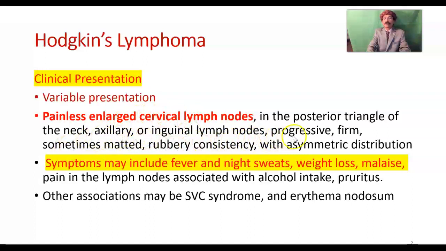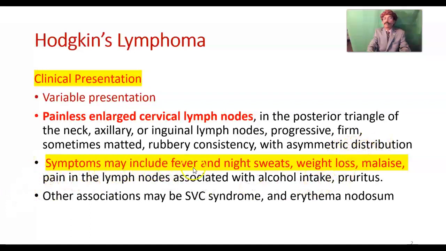It is progressive, meaning more and more lymph nodes are involved, sometimes matted, with a rubbery consistency and asymmetric distribution.